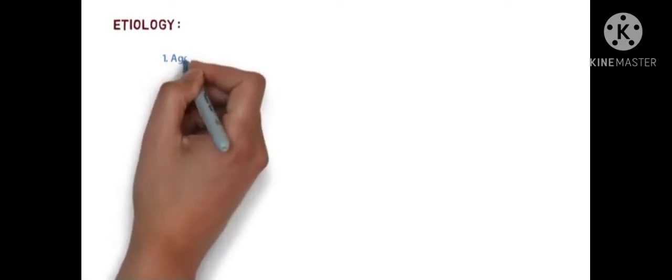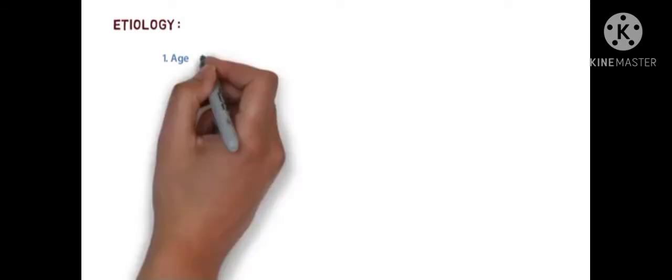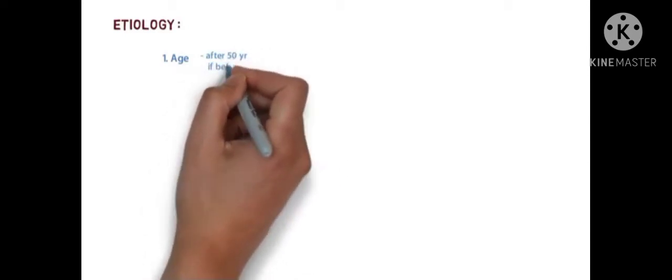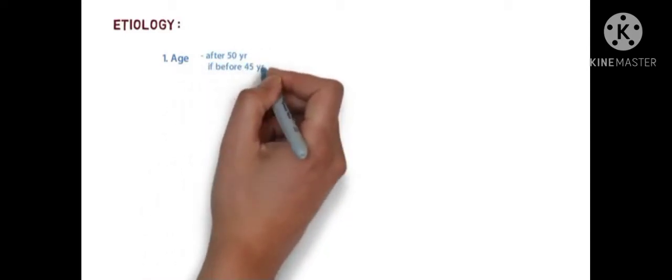Senile cataract is essentially an aging process, and the risk factors are: first one is age. It is the most important risk factor because the name senile itself indicates that it is an old age disease. It occurs mainly after 50 years.